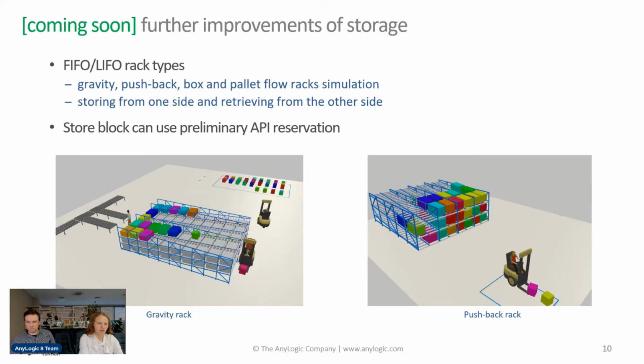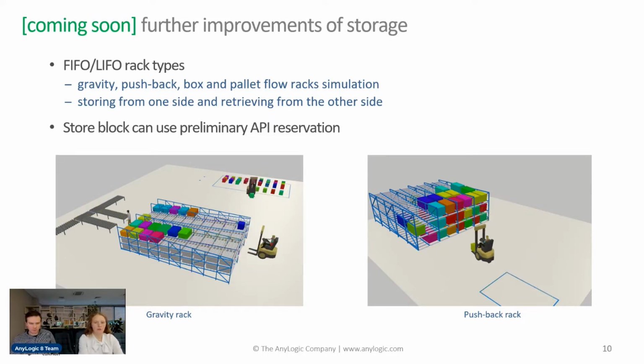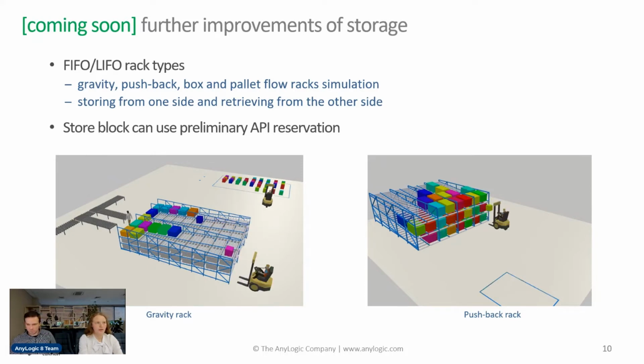As I already mentioned, the nearest version of AnyLogic will come with two types of pallet racks. We call them FIFO and LIFO rack types. However, they usually represent the gravity or pushback racks that you frequently can see in different warehouses.